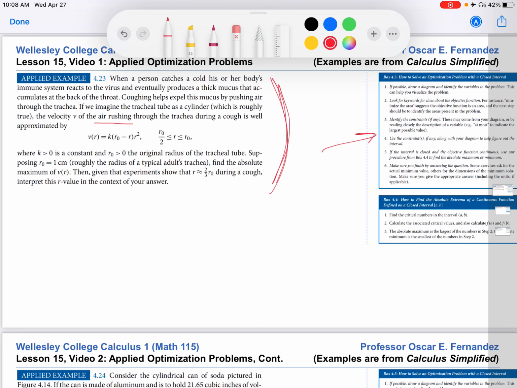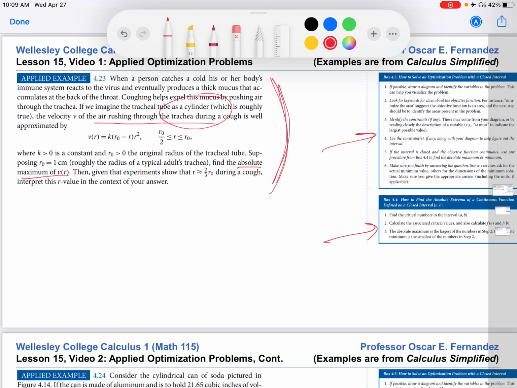In this case, air rushing through the trachea. A lot of times, that context is, in some sense, superfluous to the mathematics. So as we kind of did here, you can find the absolute maximum using established procedures in theory that we've talked about in this course, not needing to know anything about the physiology of the human body, right?